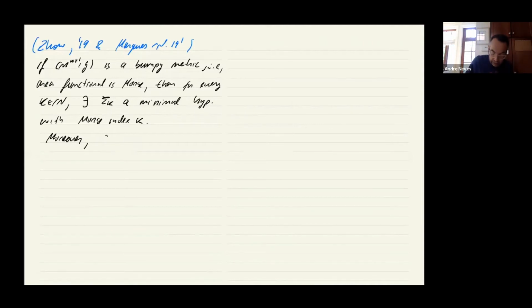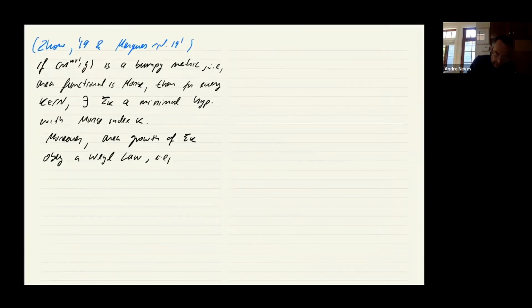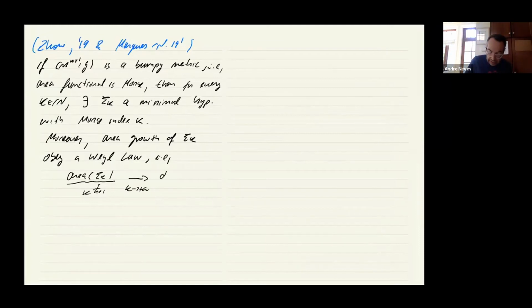Moreover, the area growth of sigma k obeys a Weyl law. And what this means is that if I divide the area of sigma k over the n plus 1 root of k, and I make k go to infinity, we're going to get some universal constant alpha n, and then of course some scaling of the volume.